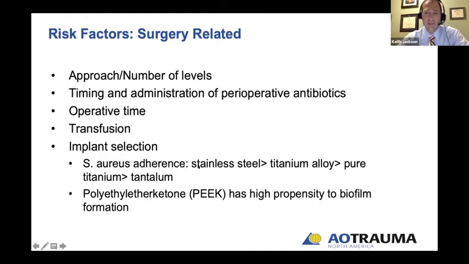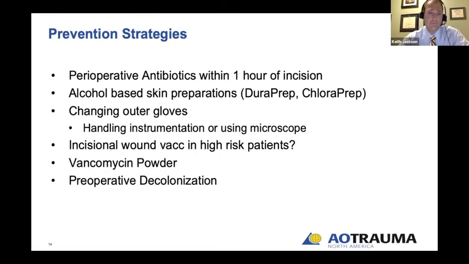It actually has its greatest adherence to stainless steel, followed by titanium alloy, then pure titanium and tantalum. Polyether ether ketone also has a high adherence with Staph aureus, so many of the cages that we use are also susceptible to staph adherence and biofilm formation.